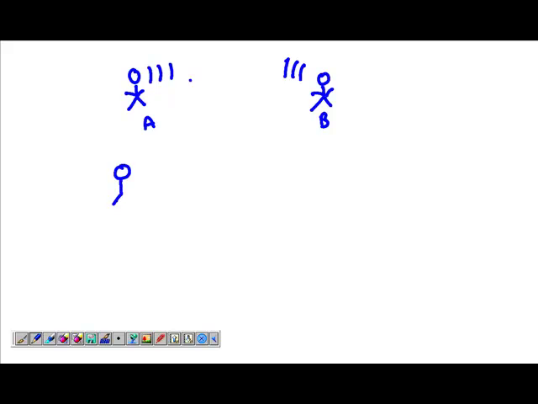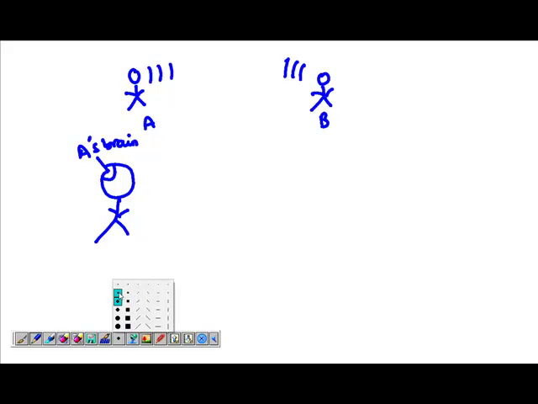So if you look at this biologically, this is how it works. Let's say this is A's brain, and there goes his mouth.